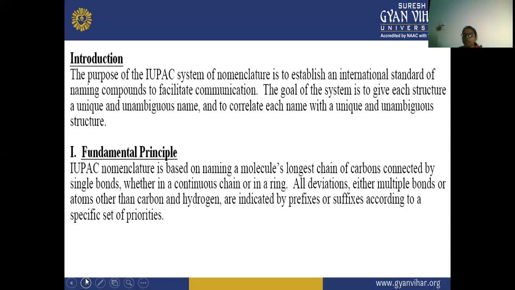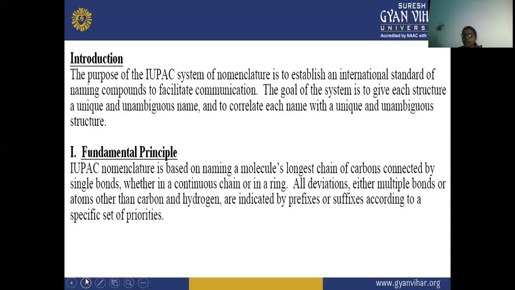Here we are naming the longest chain of carbon that is connected by a single bond, whether it is a continuous chain or in a ring, or if there is any deviation, either a multiple bond or an atom other than carbon and hydrogen, they are indicated by the prefixes and the suffixes according to a specific set of values.